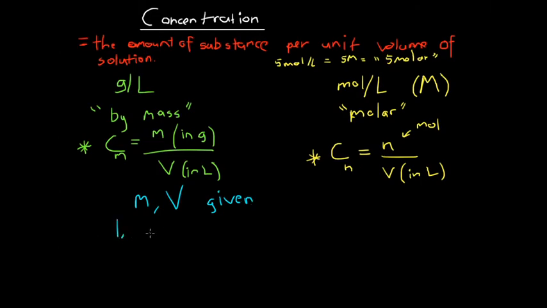The first way is to find the concentration by mass, so Cm equals mass over volume, because we're given the mass and the volume.